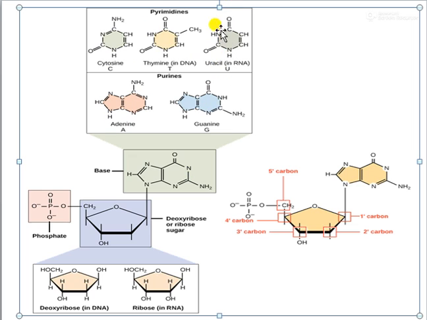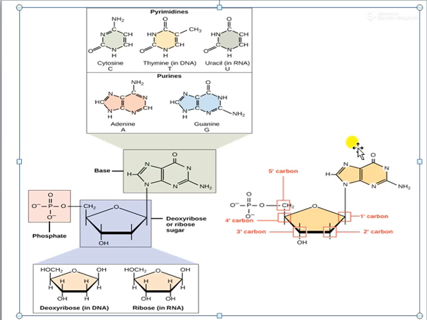In the case of DNA, there are cytosine, thymine, adenine, and guanine, while in the case of RNA, thymine is absent, and in place of thymine, uracil is present. This is the 5 carbon sugar, carbon 1, 2, 3, 4, and the fifth one is outside the ring.